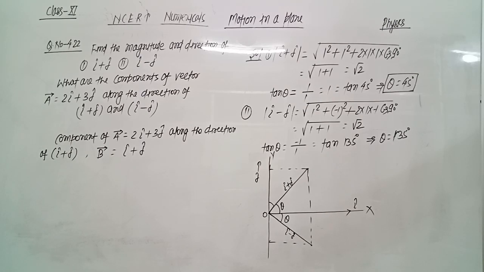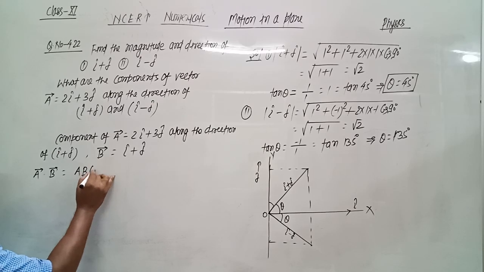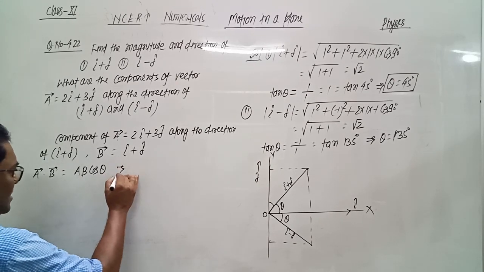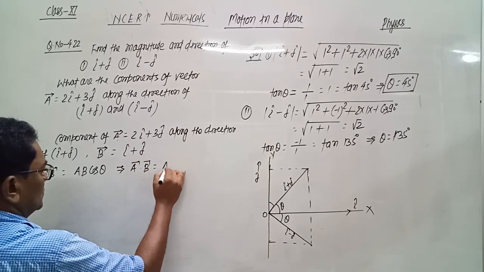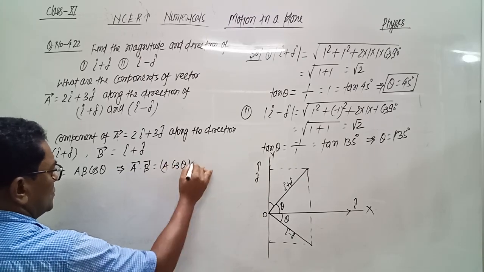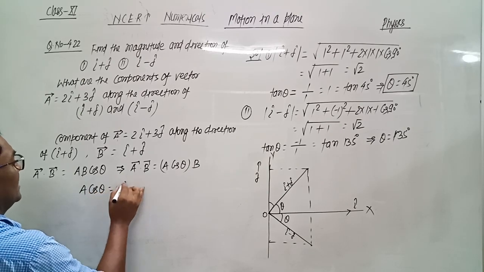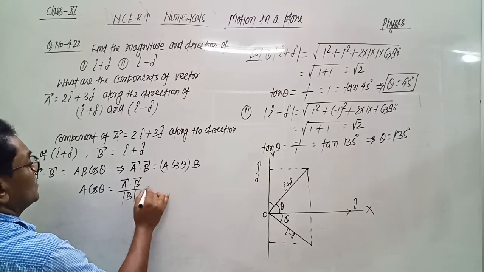Now we use the formula A dot B equals magnitude of A, magnitude of B, cos theta, and the component of A is given by A cos theta. So we can write A dot B equals A cos theta into magnitude of B, and A cos theta is calculated by A dot B upon magnitude of B.